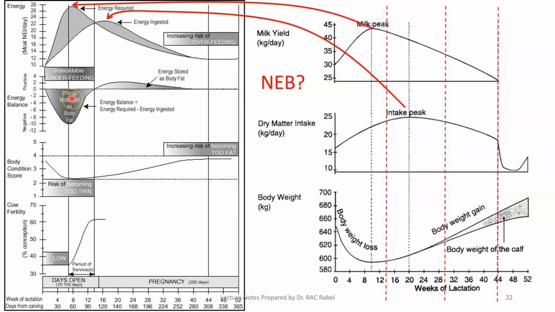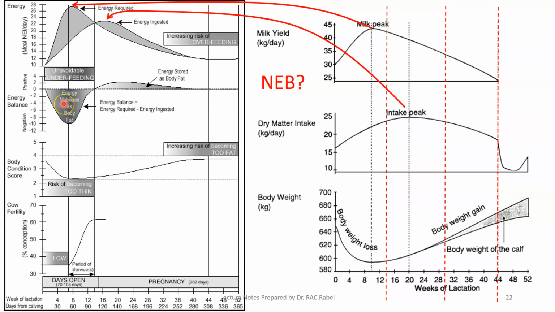So this is reflected as the body condition score. We say the animal's body condition score goes down because the animal's body fat resources are being depleted. So this is a cycle. This happens every cycle during the early lactation phase.